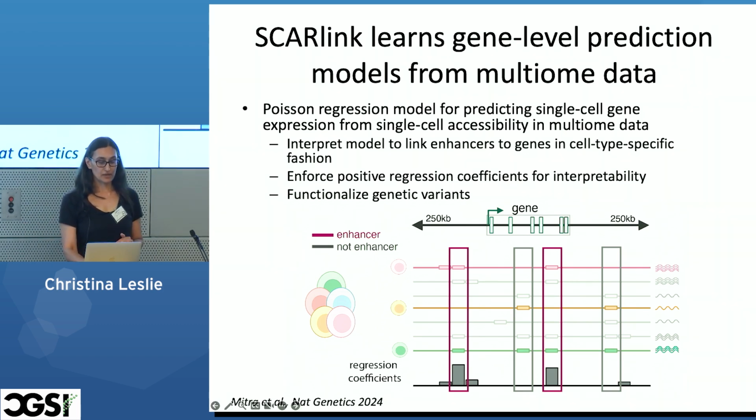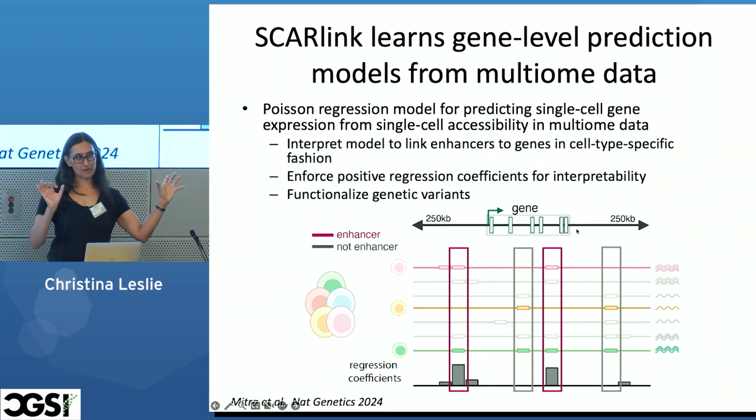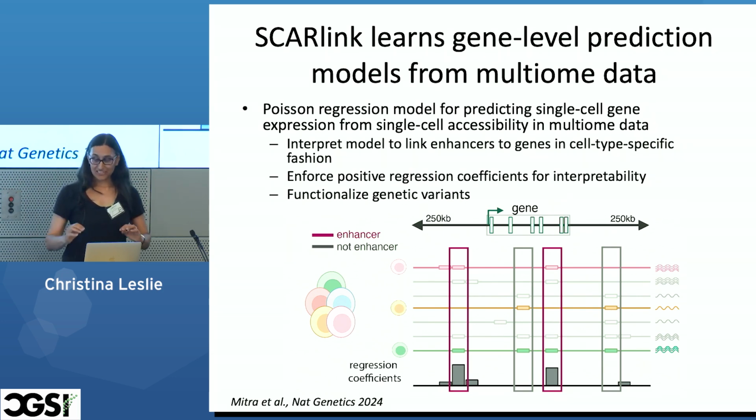What we do, so we use the gene locus as well as 250 kb upstream and downstream of the gene by default. And we're just using 500 base pair tiles, no peak calling, okay? And we are literally doing regularized Poisson regression, predicting expression from chromatin accessibility.